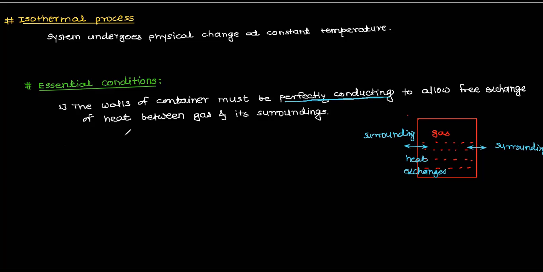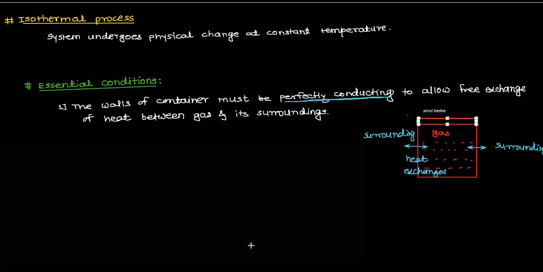If you want, you can keep a piston also here, like this. And you can shade also, not an issue. So this I am shading with white color. This is the piston.